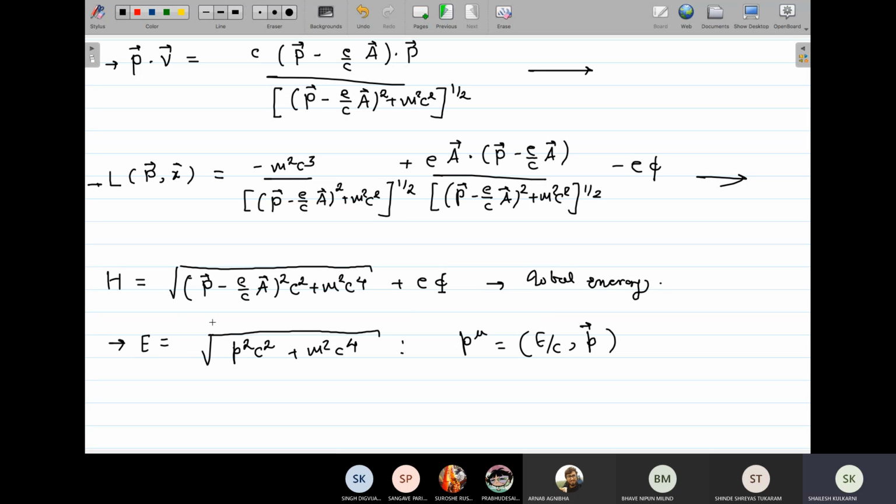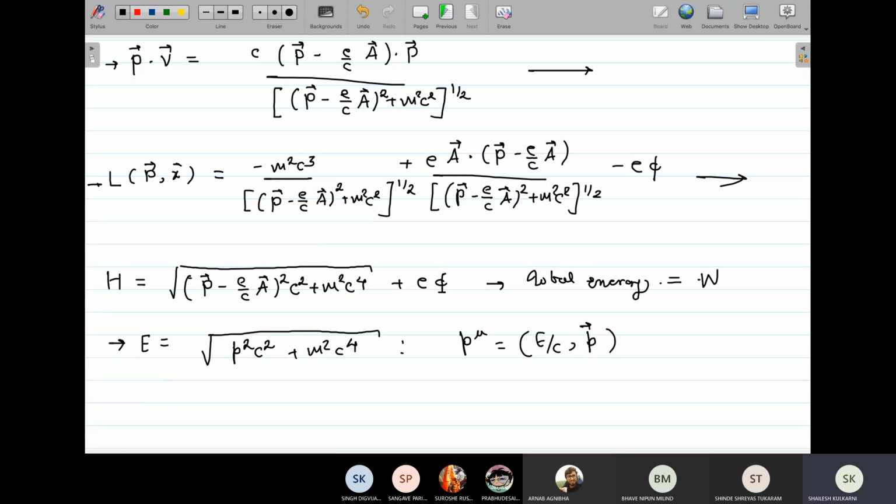Now, if I want to make a comparison for a relativistic particle in an electromagnetic field, I have this as my energy. I want to define the 4-momentum for this particle. How should I define it? Suppose I call H as W, instead of calling it energy.